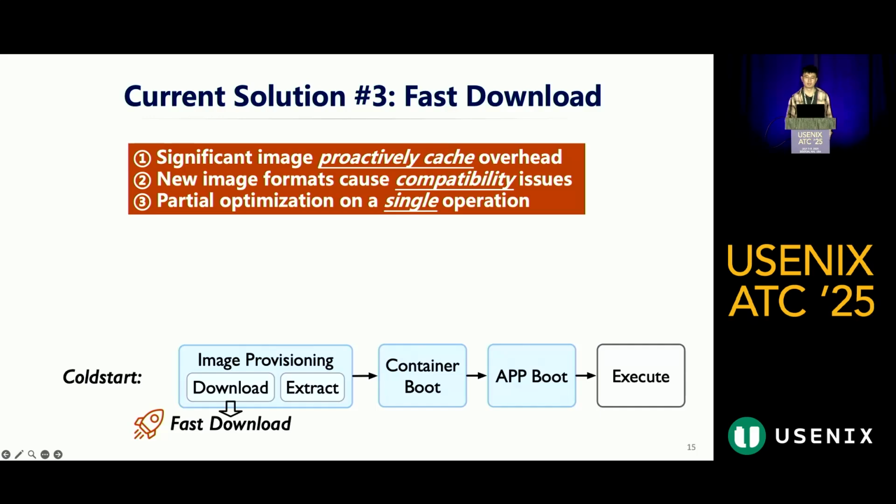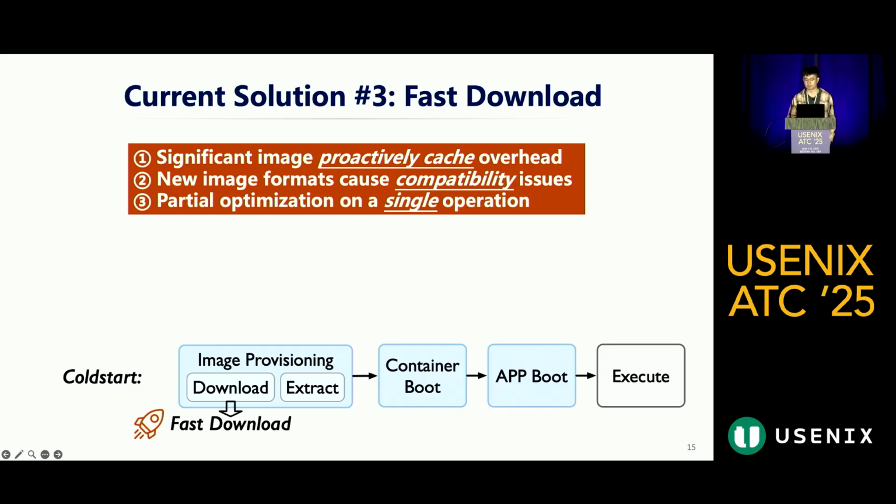There are also some efforts that try to directly accelerate the cold start itself by speeding up image download, such as using distributed image caching. However, due to the large number of images managed by the cloud platforms, caching multiple image copies in a distributed system introduces a prohibitive overhead.